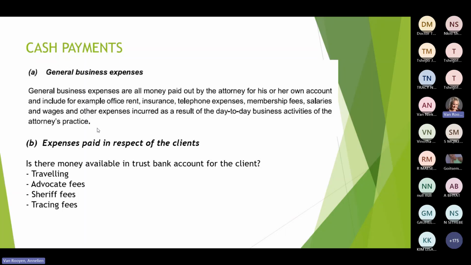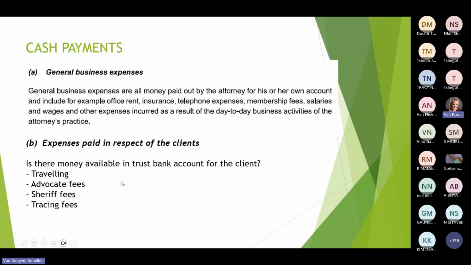Whereas when you pay something for your clients, it's important to know that you can use the trust bank account if the client already deposited money into that trust account for you as lawyer or attorney to pay expenses on his behalf.